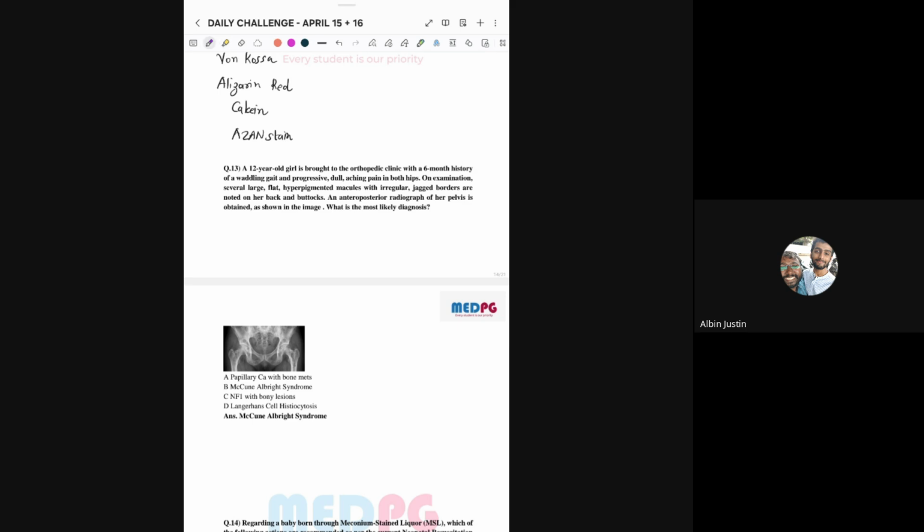These are actually cafe au lait spots with irregular jagged borders, called the coast of Maine. Okay, so you have McCune-Albright syndrome.